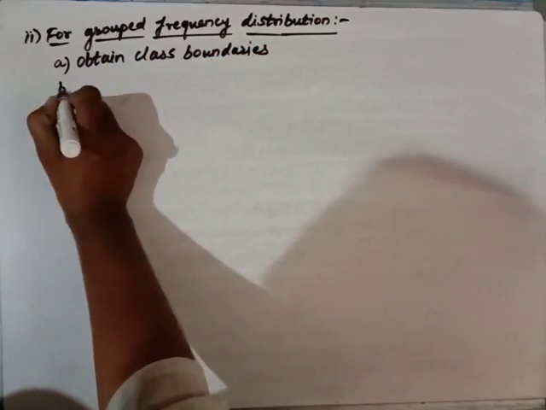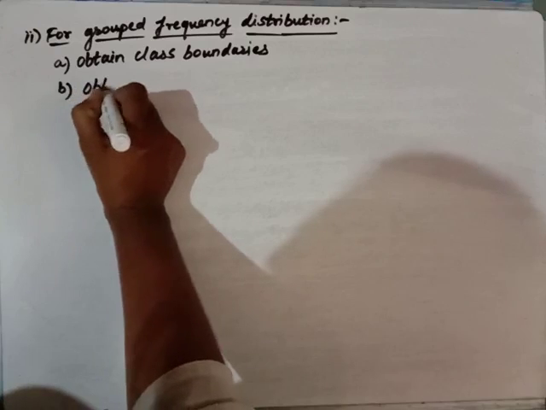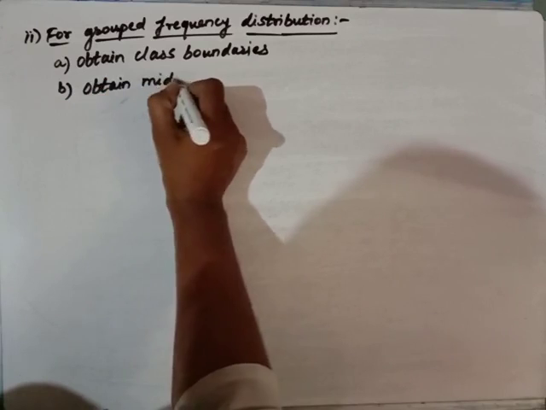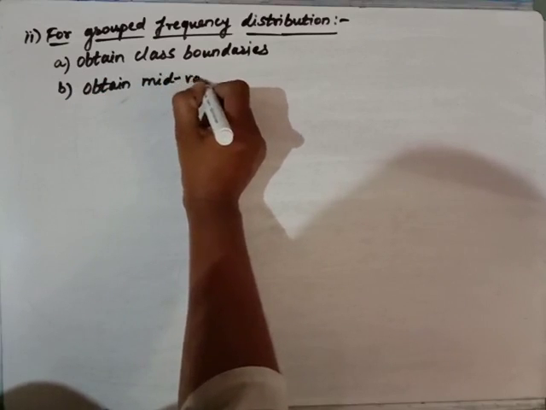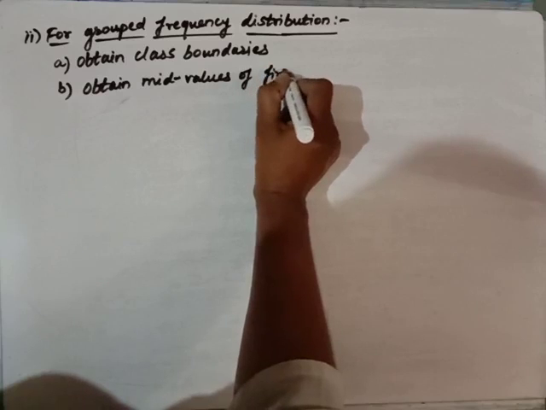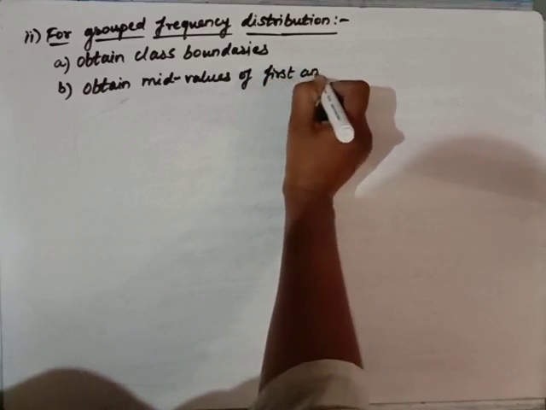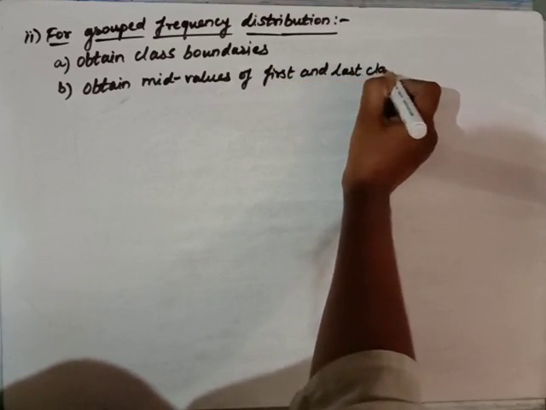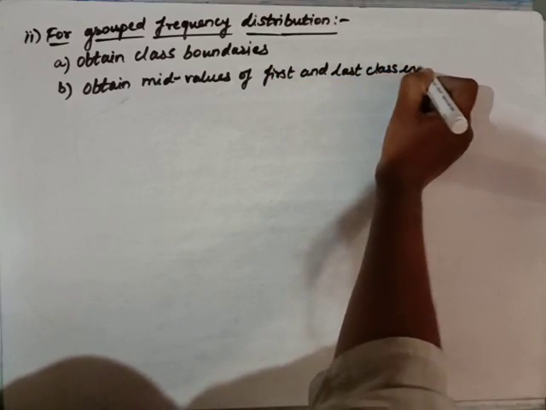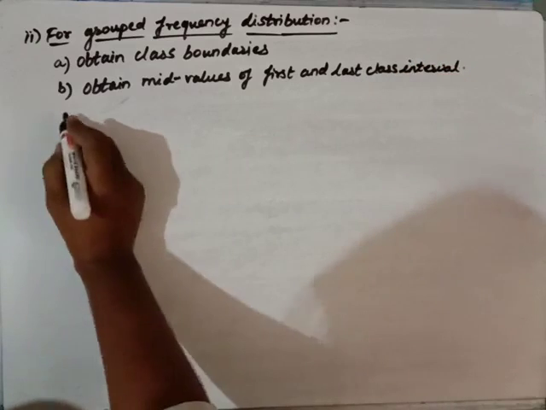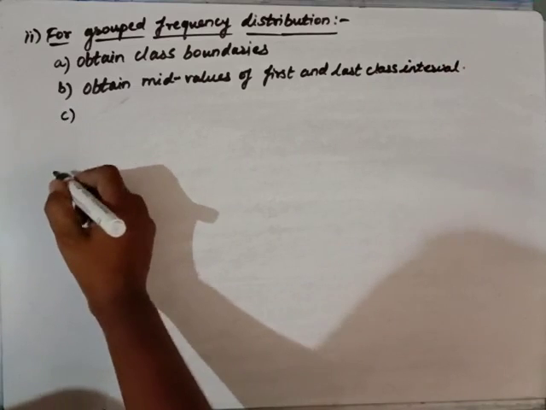Then the second step is to obtain the mid values of the first and last class intervals.